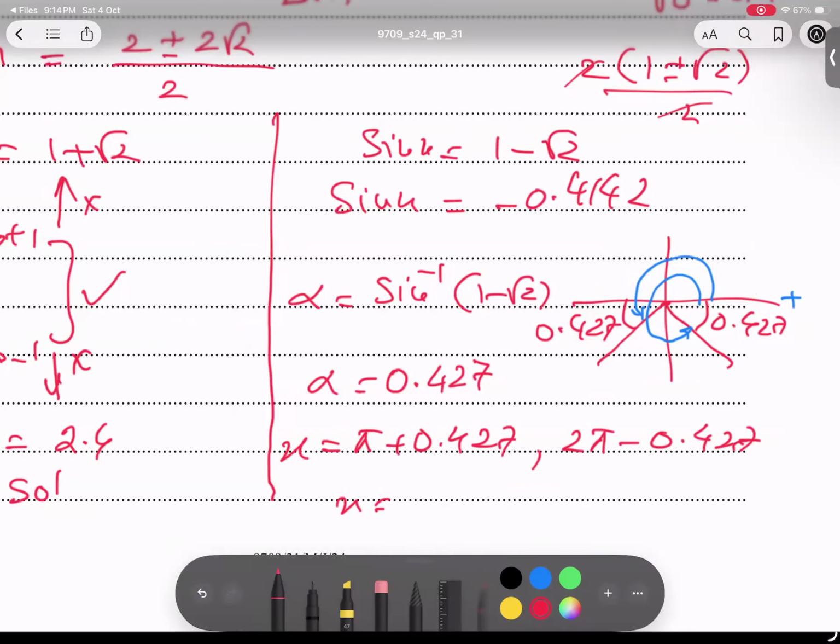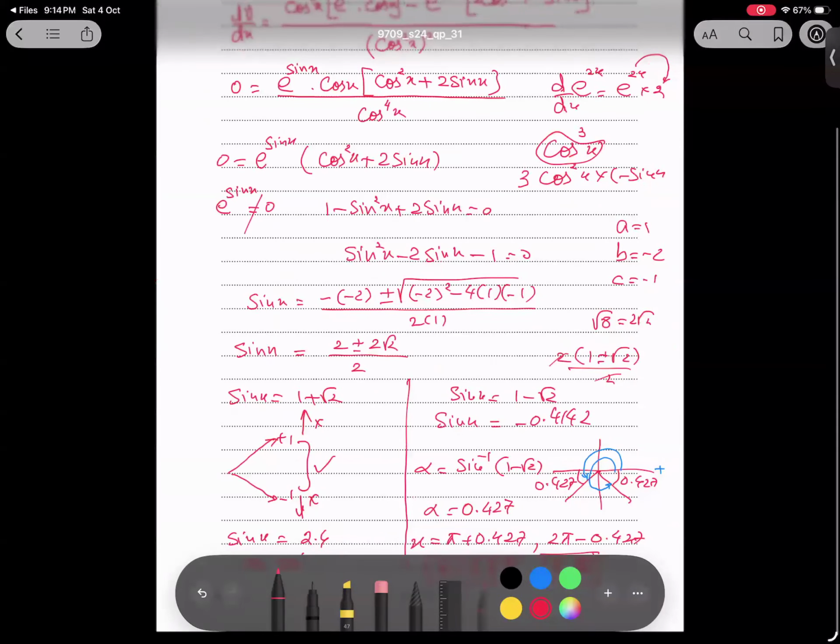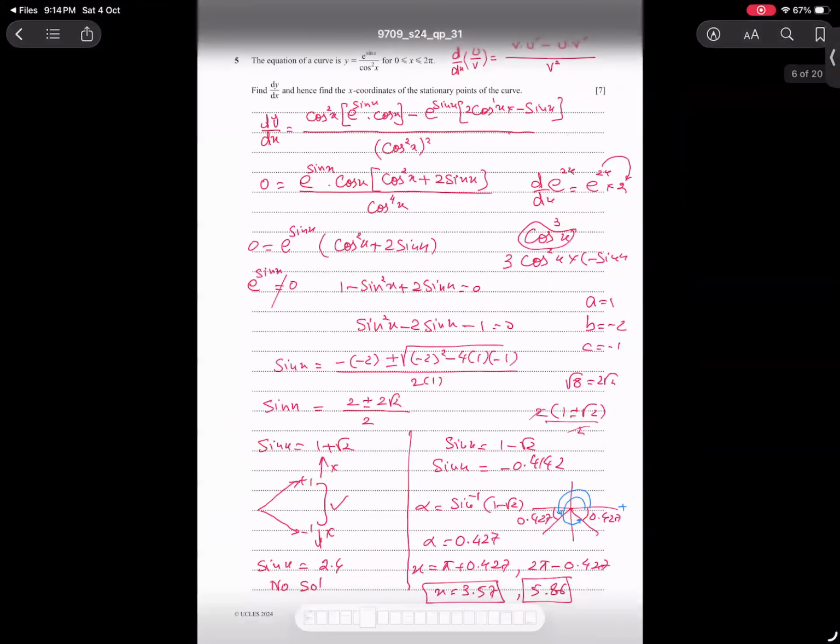My first answer turns out to be 3.57. And let me check the second one. 2 pi minus 0.427. And my answer turns out to be 5.86. So Alhamdulillah Rabbil Alameen, I believe the concept is completely over and the question is completely done.